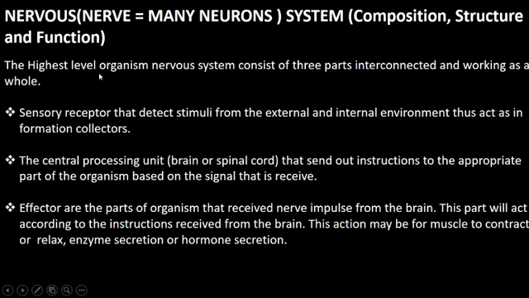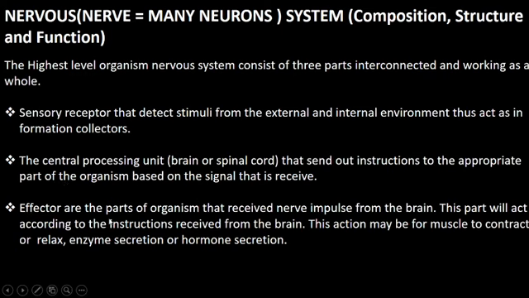Now, the highest-level organism, the nervous system, consists of three parts, interconnected and working as a whole: the sensory receptor, the central processing unit, as well as the effector, the one that will receive the effect of the signal. The sensory receptor detects stimulus from the external and internal environment and acts as an information collector. The central processing unit, the brain and spinal cord, sends out instructions to the appropriate part of the organism based on the signal received.